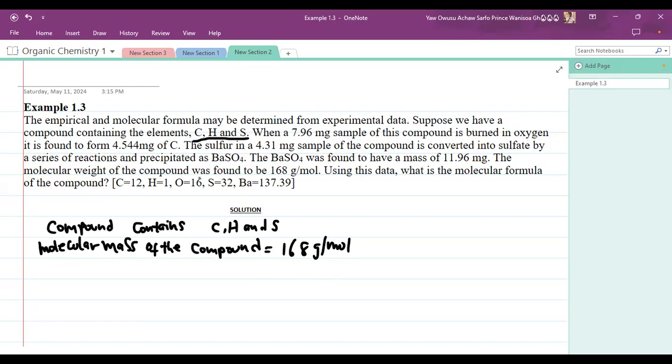Therefore, when 7.96 milligram of a sample of this compound is burned in oxygen, that is the total mass of the compound.